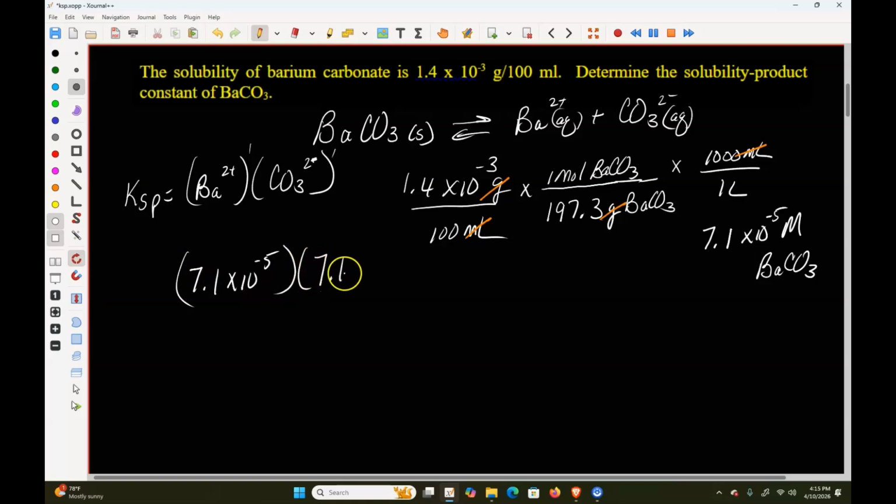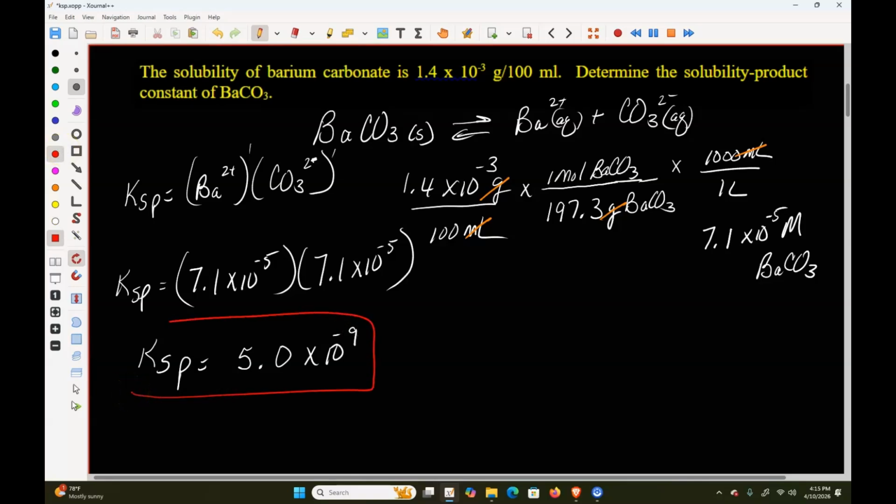I also have 7.1 times 10 to the negative 5 moles of carbonate. So if I multiply this out, I will get my Ksp. So I'm going to square 7.1 times 10 to the negative 5. I get 5.0 times 10 to the negative 9. Now, Ksp is unitless, so you don't have to worry with units here. So that's the answer to the first question.